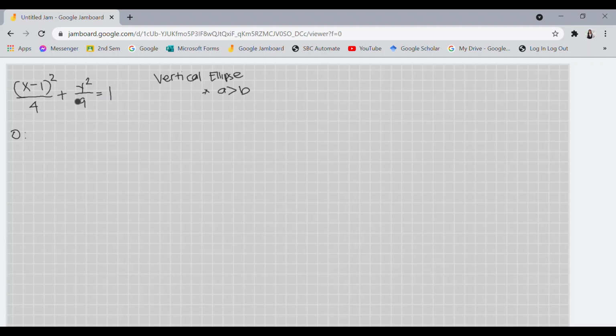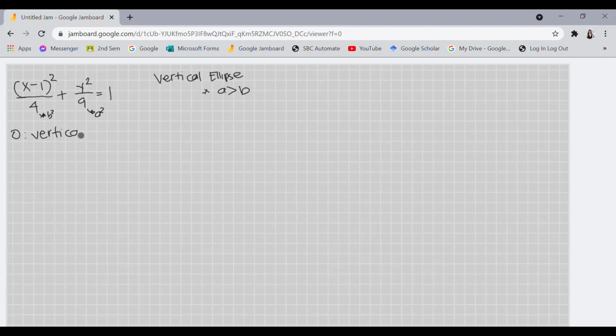So, therefore, itong 4, this is your b squared, and itong 9, this is your a squared, since 9 is greater than 4. And if that is the case, the orientation of your ellipse will be vertical because a squared is below y squared. Okay? Yung kasama niya sa term niya ay yung variable na y. So, that means the orientation for the ellipse is vertical.